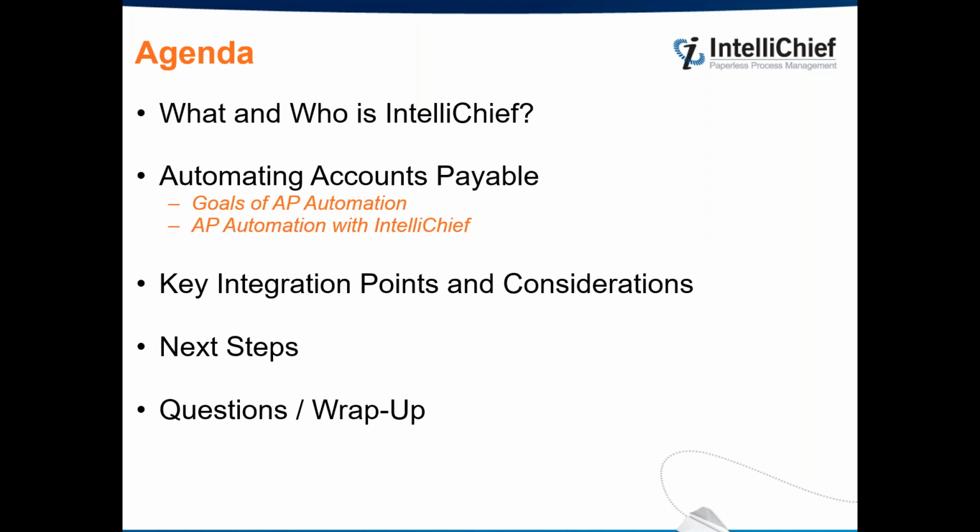We'll talk about some goals for AP automation that might be common amongst many organizations and others maybe a little unique. We'll talk about how you would automate the AP process with IntelliChief. We'll then go into some J.D. Edwards integration points to give you a feel for how IntelliChief is integrated with J.D. Edwards, give you some things to think about, and we'll wrap it up with next steps and any questions.